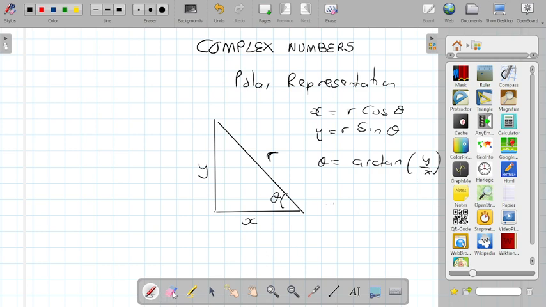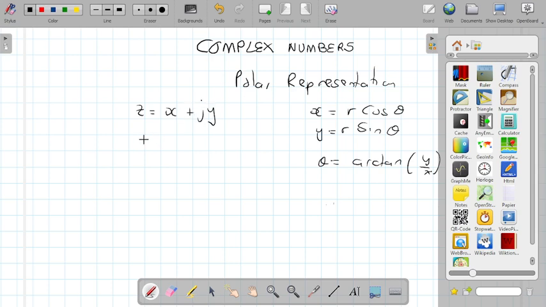All right. Now, let's expand this to the knowledge of complex numbers. We know that the general form of a complex number is z is equal to x plus jy. Now, what is x? X is r cosine of theta plus j, y is r sine of theta.